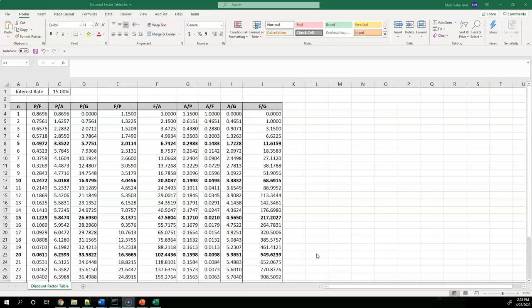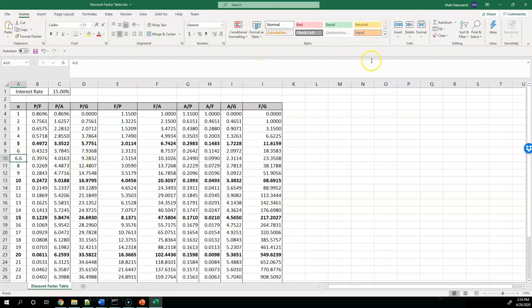Okay, so switch over to our discount factor table. We see that we've got the discount factor table for 15% right here. We need to find after how many years P over A is close to 4. Somewhere between 6 and 7 looks like the right answer. We could hone in on that by trying 6.6, something close to that.